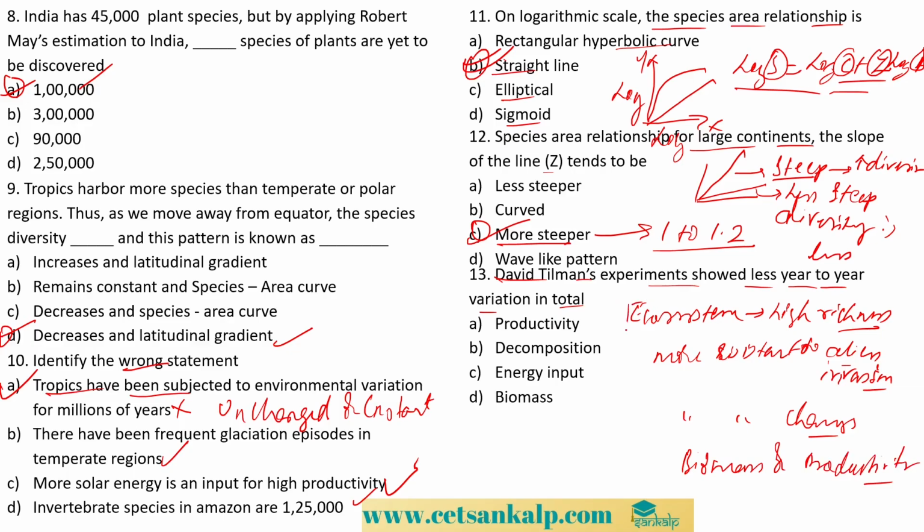They have done this observation in an experiment also, and that experiment was conducted by David Tilman. According to David Tilman's experiment, he observed that there was less year-to-year variation in total biomass. So D is our right answer over here.